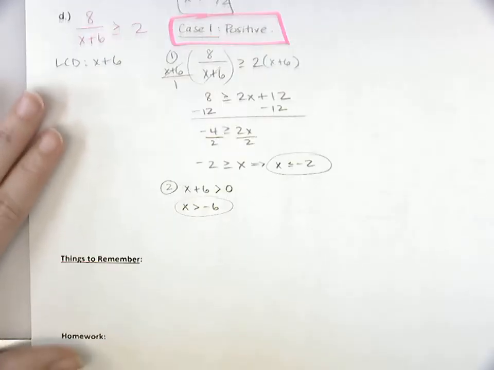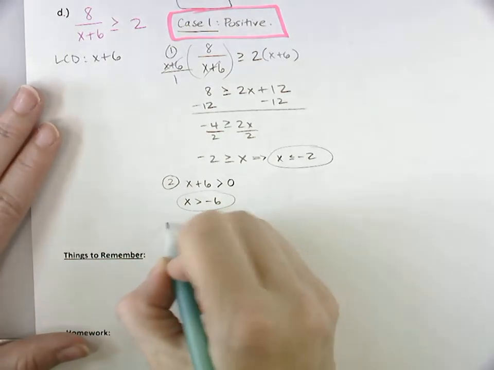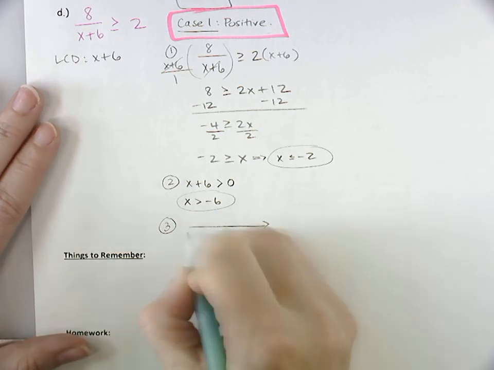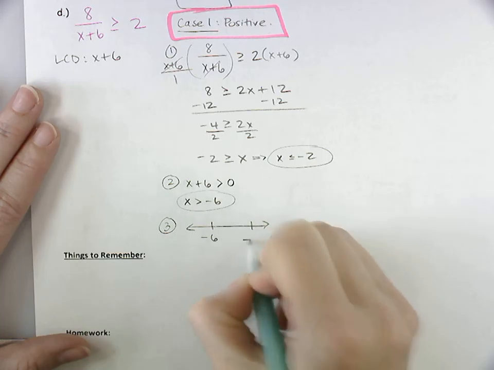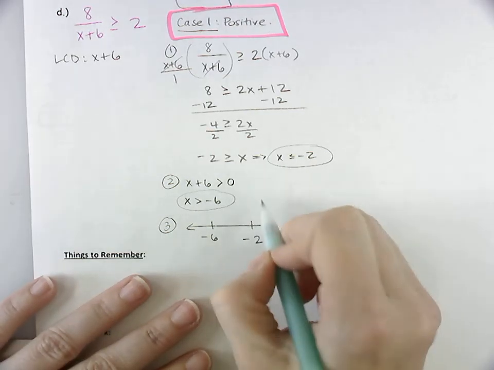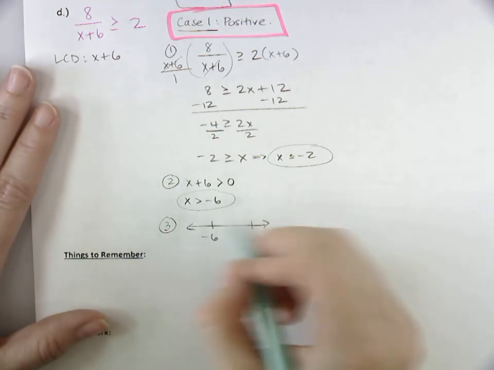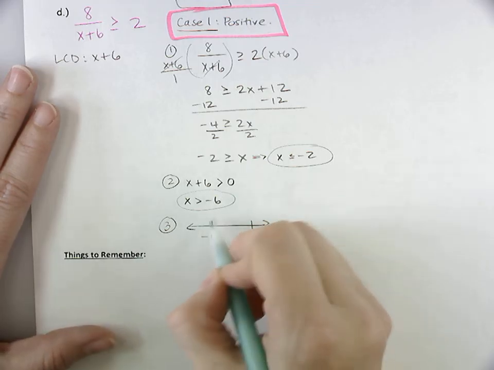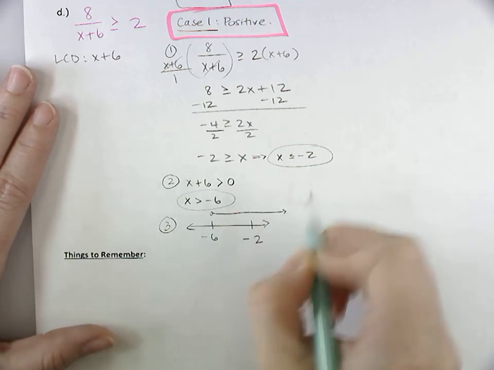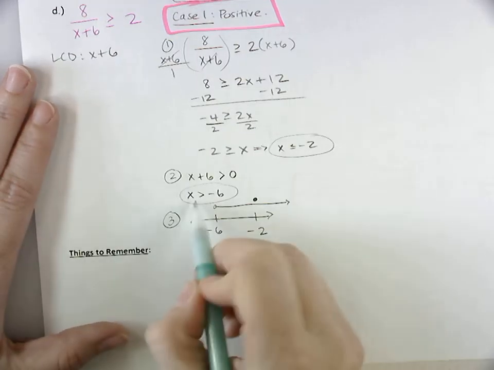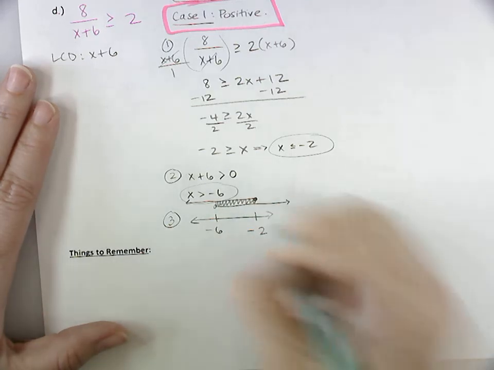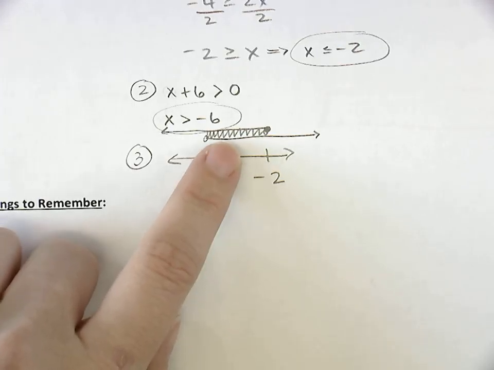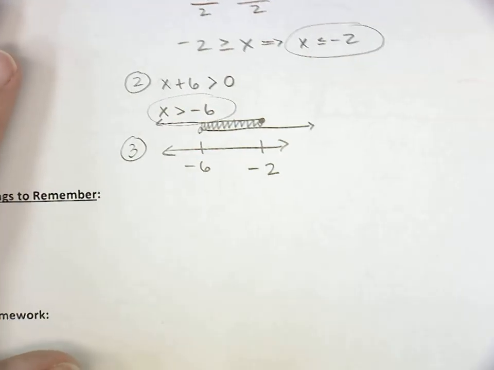This is where you guys are going to see a little bit of a difference. When I put my inequalities on the number line, I have negative 6 and negative 2. I have x is greater than negative 6, but I have x is less than or equal to negative 2. Can you guys see how this overlaps a little bit differently? See how the overlap is in between the two?